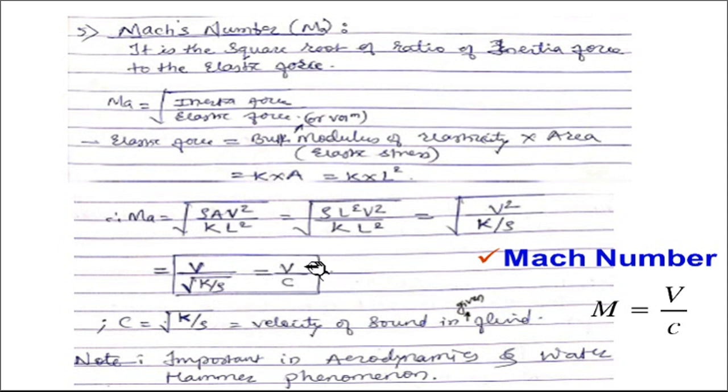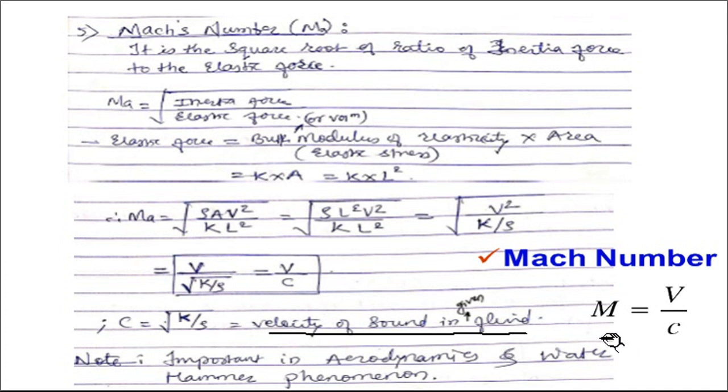So this is nothing but capital V by capital C, where the numerator capital V is the velocity of the flowing fluid, and the denominator capital C is the velocity of sound in a given fluid at given conditions, at a given temperature. Velocity of sound is root of bulk modulus of the fluid divided by density of the fluid at the given temperature and pressure.